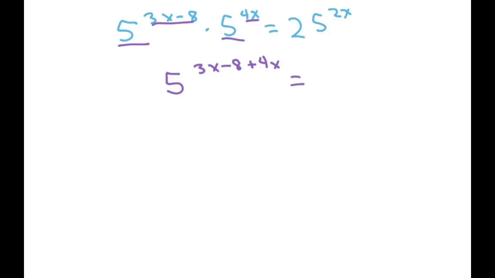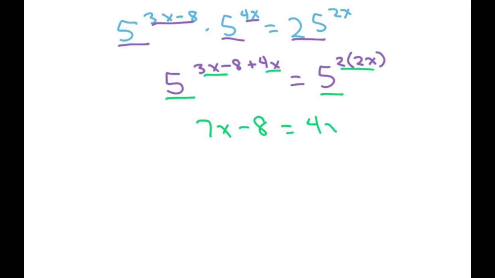And on this side, I'm going to use my power property. I'm going to write this as 5 squared and then multiply it by 2x. Now my bases are the same, and I only have 1 on each side. So we get 7x, I'm going to add those, minus 8, I'm going to multiply those, equals 4x.